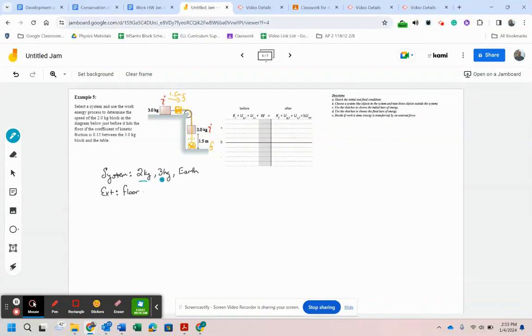since I'm considering the 2 kilogram and the 3 kilogram in my system, initially nothing is moving, so we do not have kinetic energy. The 2 kilogram object, which I'll represent with blue bars, has initial potential energy right here. The 3 kilogram object also has gravitational potential energy that's much higher. But as we go to the final state, that gravitational potential energy for the 3 kilogram one does not change.